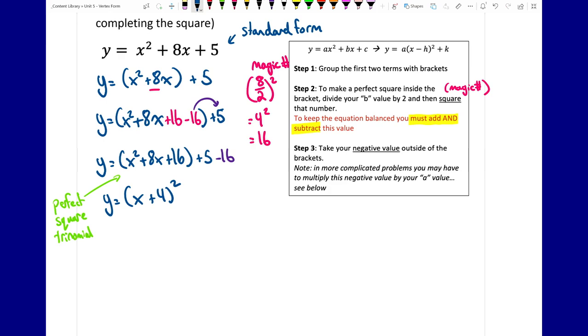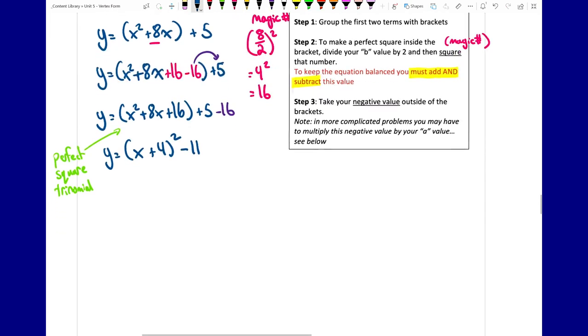So the square root of the first term, square root of the last term, and then the sign between the first two. And then I can simplify that outside, plus 5 minus 16. So I get minus 11. And now I have an equation in vertex form.